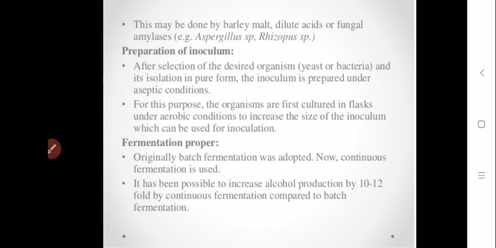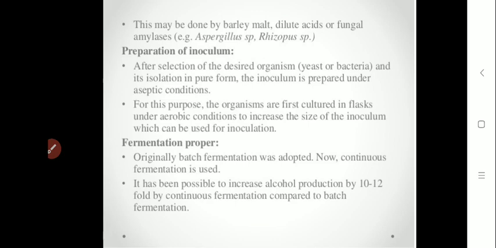So once the nutrients are ready and inoculum development is completed, then we go for the third step, which is the fermentation process. Here basically the batch fermentation process is used on a large scale for the production of alcohol, but nowadays continuous fermentation processes are also being utilized.